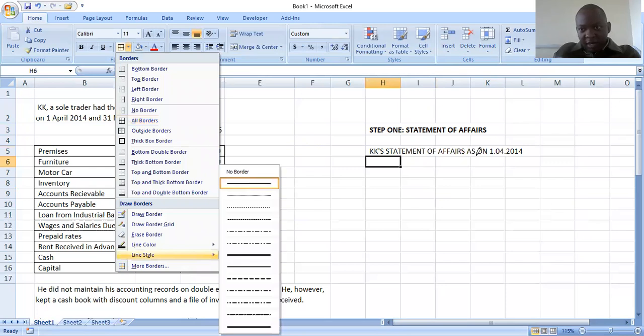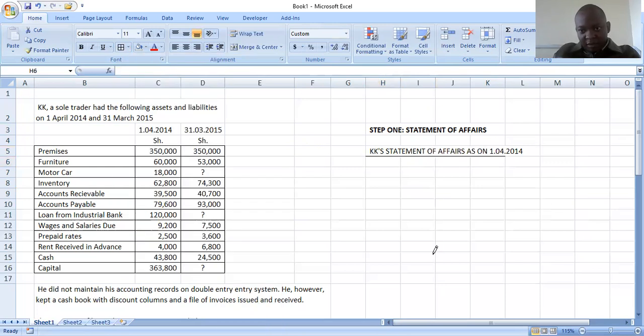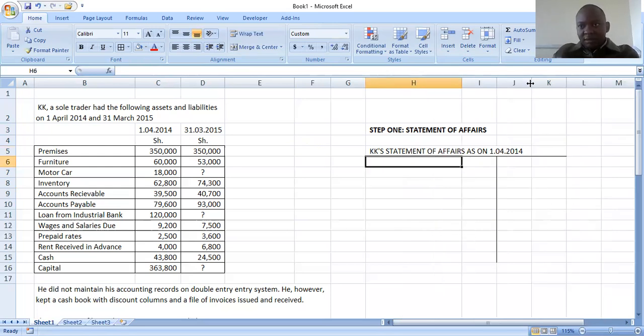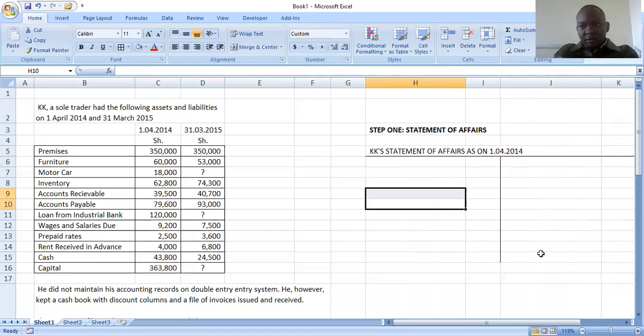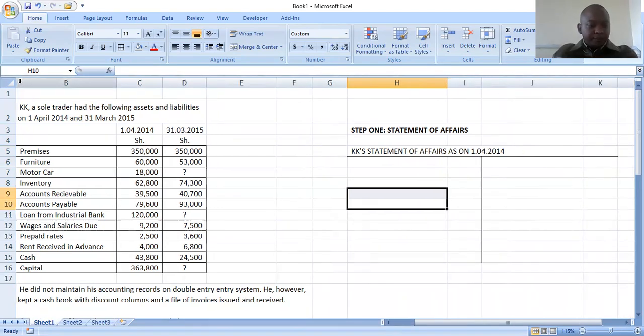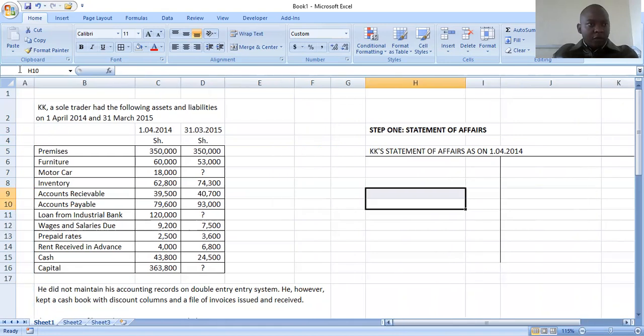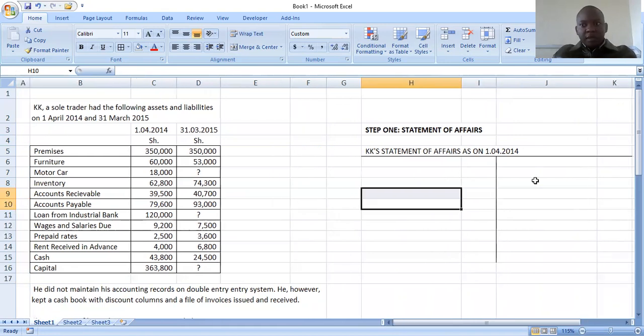It's basically a balance sheet as on the first day of the period, so the list of assets and liabilities.